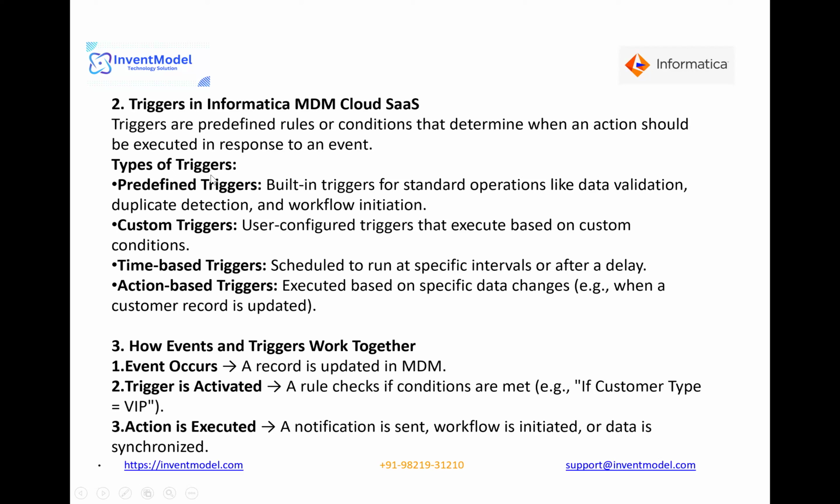What are the types of triggers? First is predefined triggers. Predefined triggers are built-in triggers for standard operations like data validation, duplicate detection, and workflow initiation. Next is custom triggers. As the name suggests, custom triggers are user configured triggers, executed based on custom conditions.